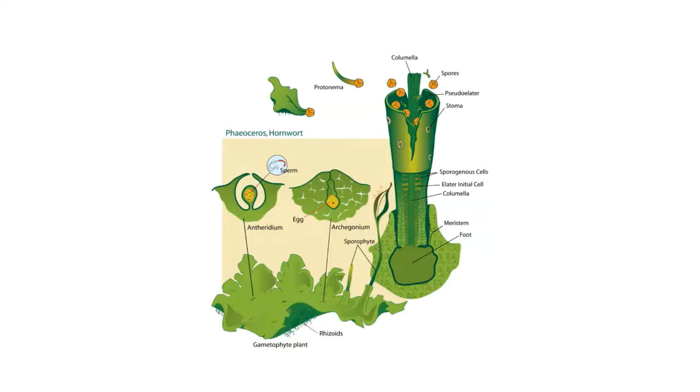You can see the same life cycle in this pictorial form. What is alternation of generation? In simple words, we define alternation of generation as the successive appearance of the gametophyte and sporophyte, one after the other in the life cycle.